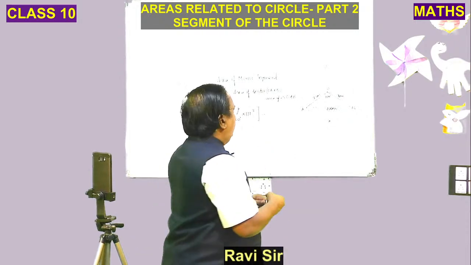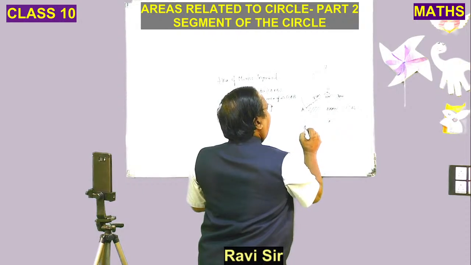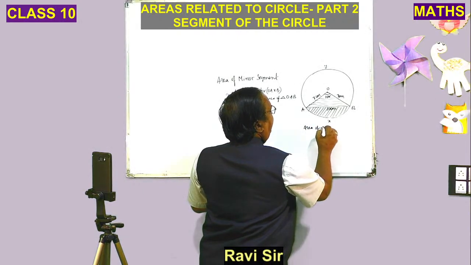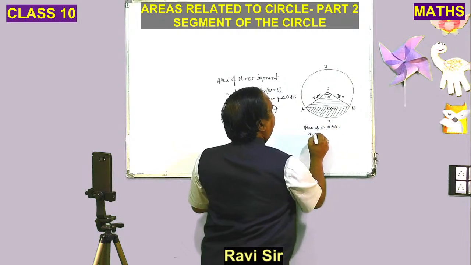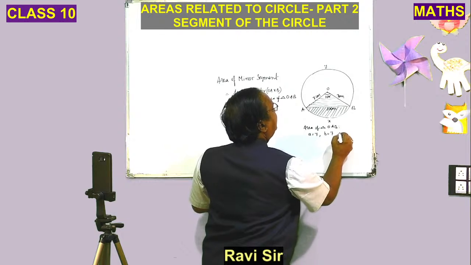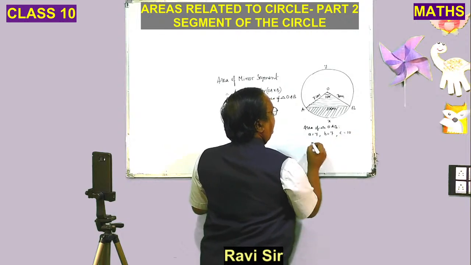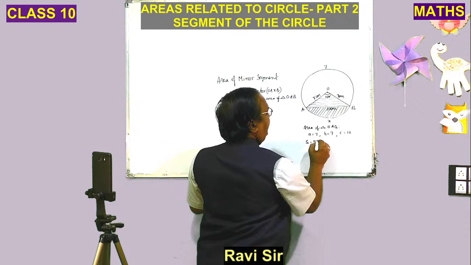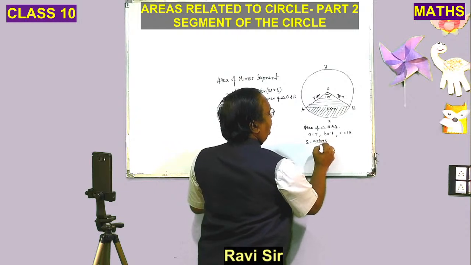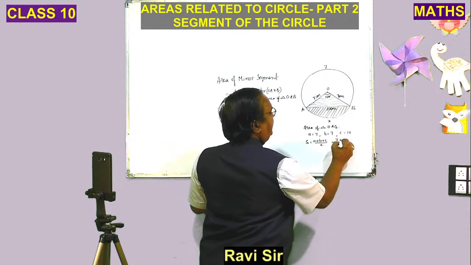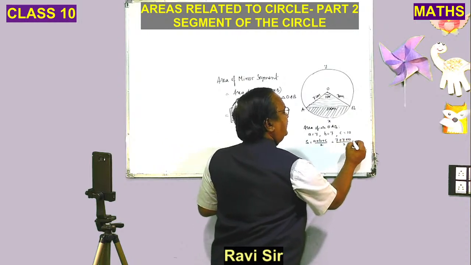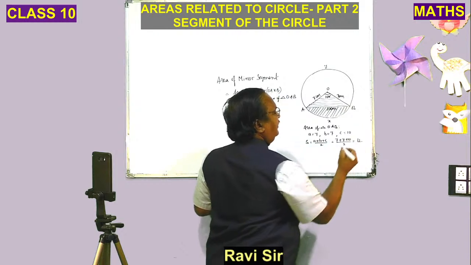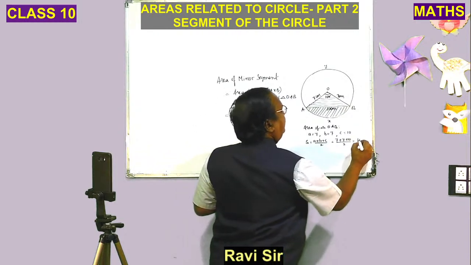So, let us say I will write area of triangle OAB. A is equal to 7 centimeters, B is equal to 7 centimeters and C is equal to 10 centimeters. S is equal to A plus B plus C by 2, which is equal to 7 plus 7 plus 10 by 2, 24 by 2, is equal to 12 centimeters.